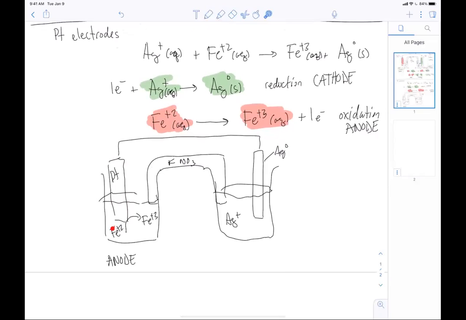As it goes to iron 3, it just hands its electron off to the platinum electrode as it gets oxidized. Then that electron can travel along the wire until it gets to the silver, where the silver can now deposit on this electrode over here.